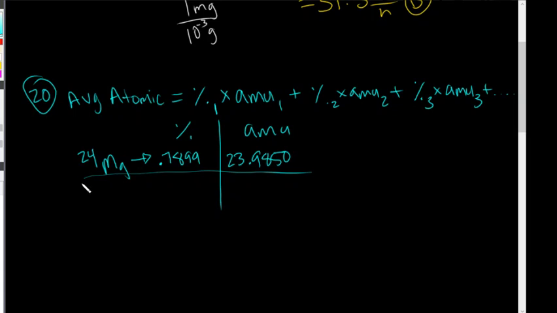For the next one, we have, I didn't click on it, oh well. Magnesium 25. And its percentage is 10%, so 0.1000. And its atomic mass is 24.9858.